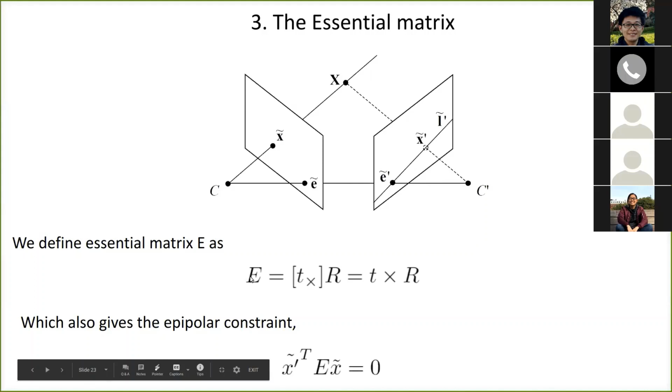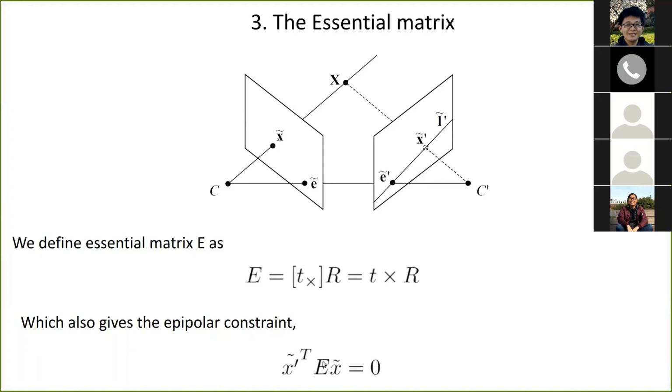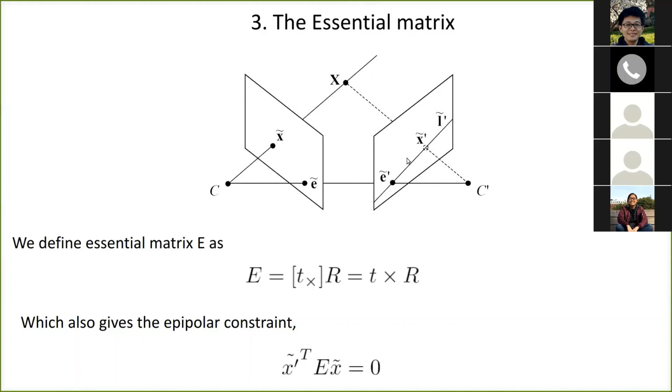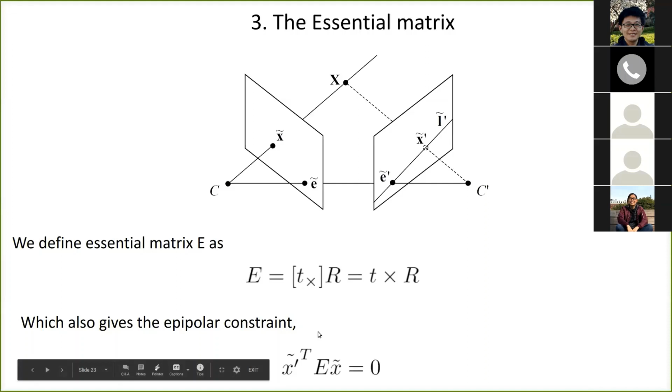So if we want to compute the translation and rotation between the two different camera views, we first need to find the correspondences of X and X prime, and then use this relationship to get the essential matrix.